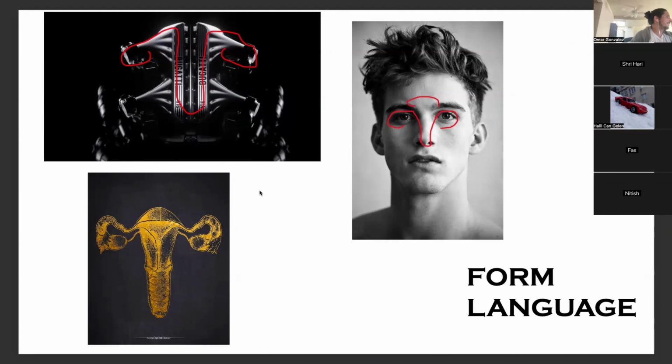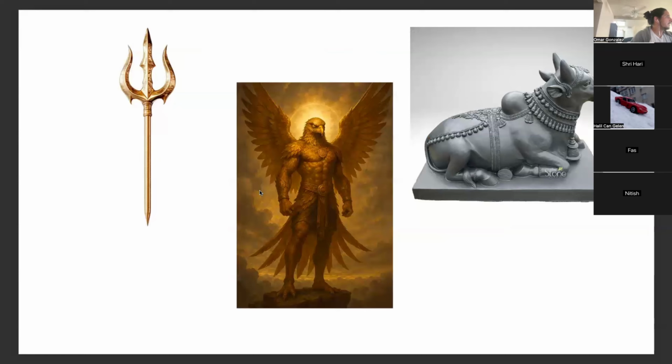I found this form in so many things, so I just kept it here. Yeah, something that you can definitely pursue. I saw it in the Bugatti things, and these are some mythical stuff. From this, I took inspiration for the surfaces, and I did some sketches. Nice. That's it.